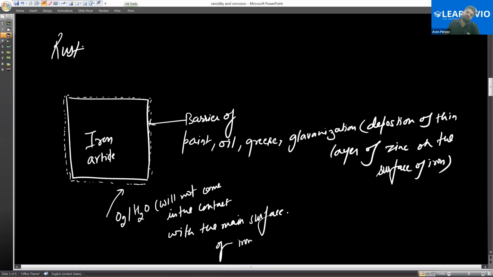Rusting can be prevented like this way. When you're done, please let me know.